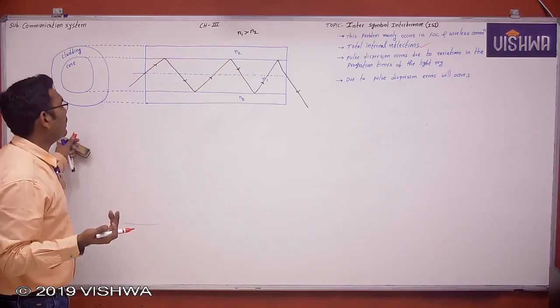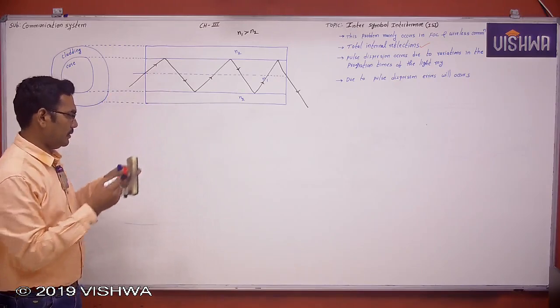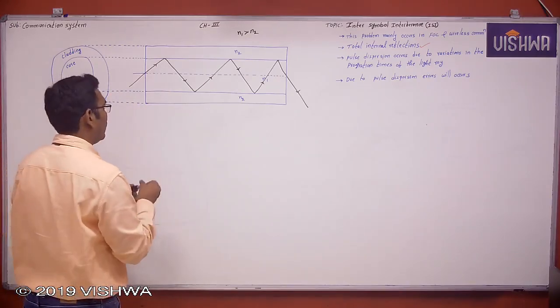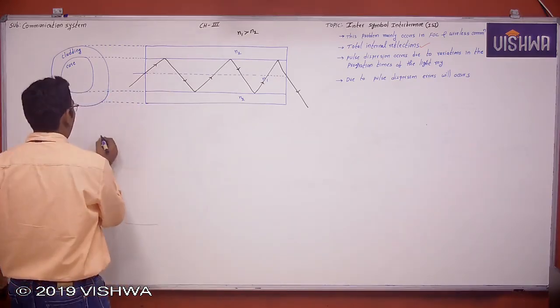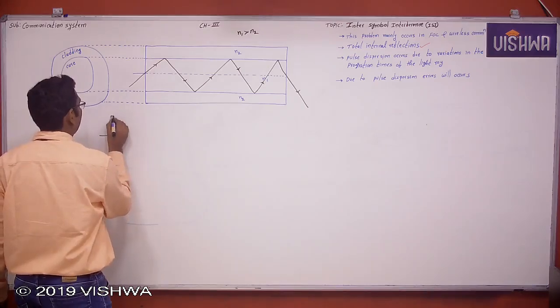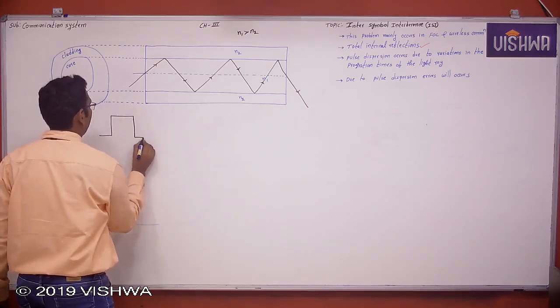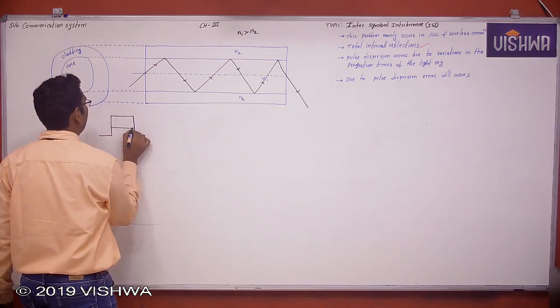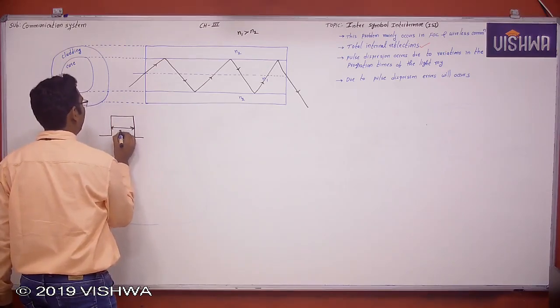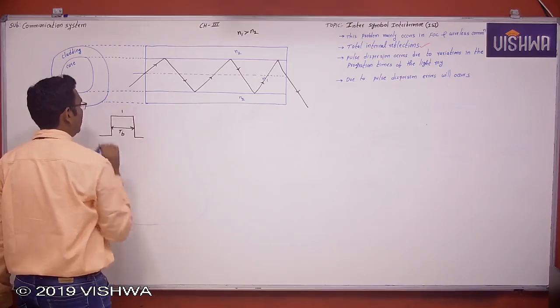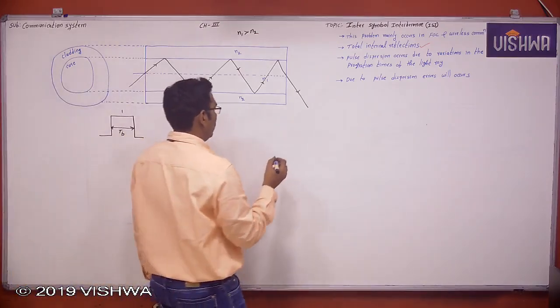Now those electrical pulses are converted into light. Let us take that I want to transmit a binary 1. This is binary 1 with a duration of TB, because each bit has a duration of TB.